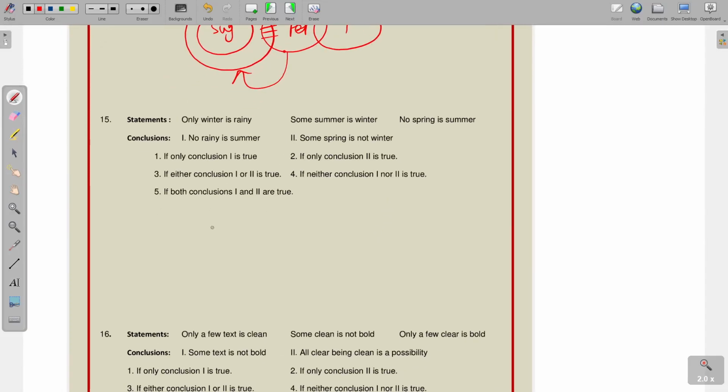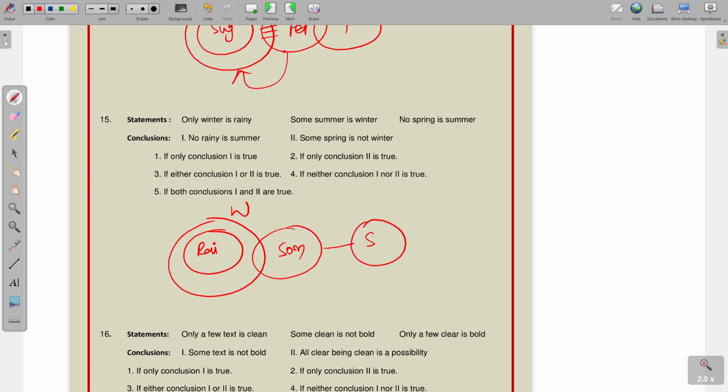Only writer is rainy. All rainy is writer. Rainy is related only with winter. And next, some summer is winter. And next, no spring is summer. No rain is summer. So definitely no rain is summer definitely follows.